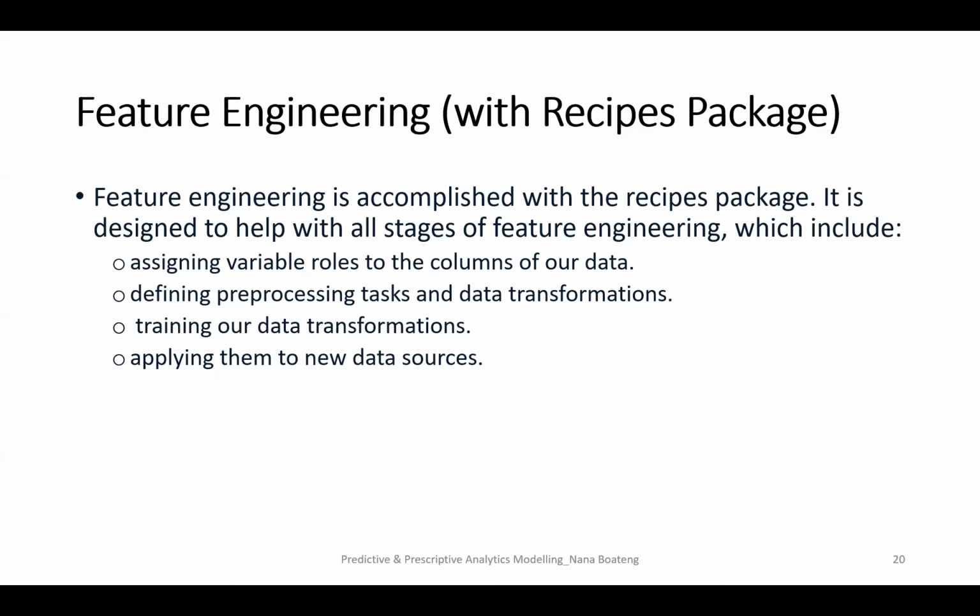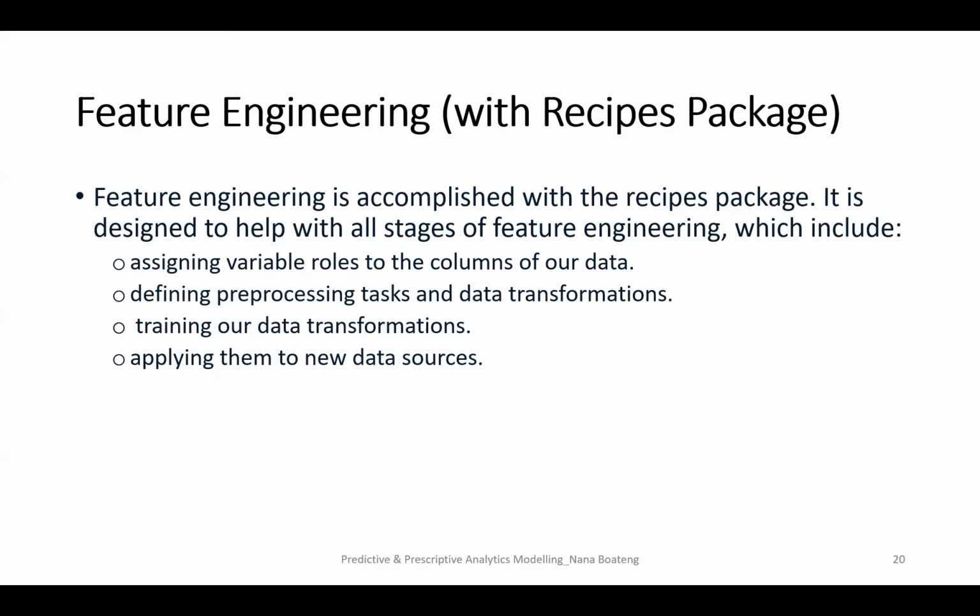So first of all, it assigns roles and then defines pre-processing steps for every task that we are going to do, every kind of data transformation. After it has done that, it applies these transformations to both our training data set and also our test data set. And then we go on to make our prediction. So let's see how the workflow goes.